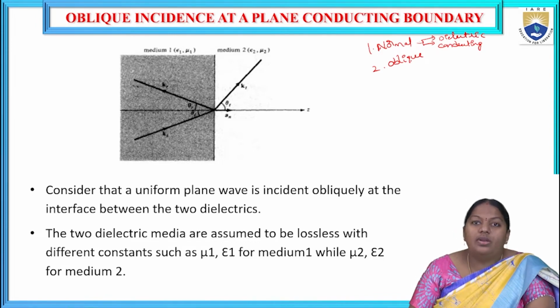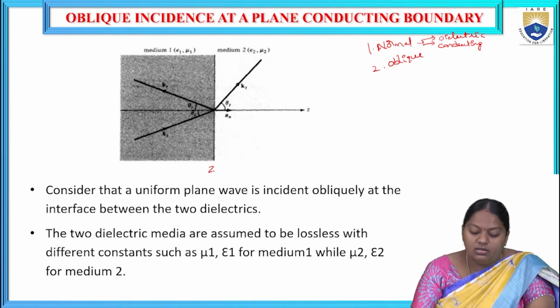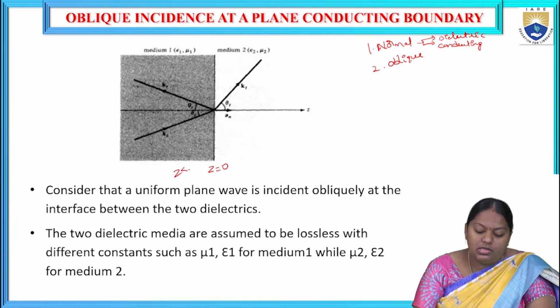Now coming to oblique incidence, there exists an object which separates two media, which we have considered at the z equal to 0 plane, right? So the interface or boundary exists at z equal to 0. Below it, z less than 0, we have medium 1, and above it, z greater than 0, we have medium 2.